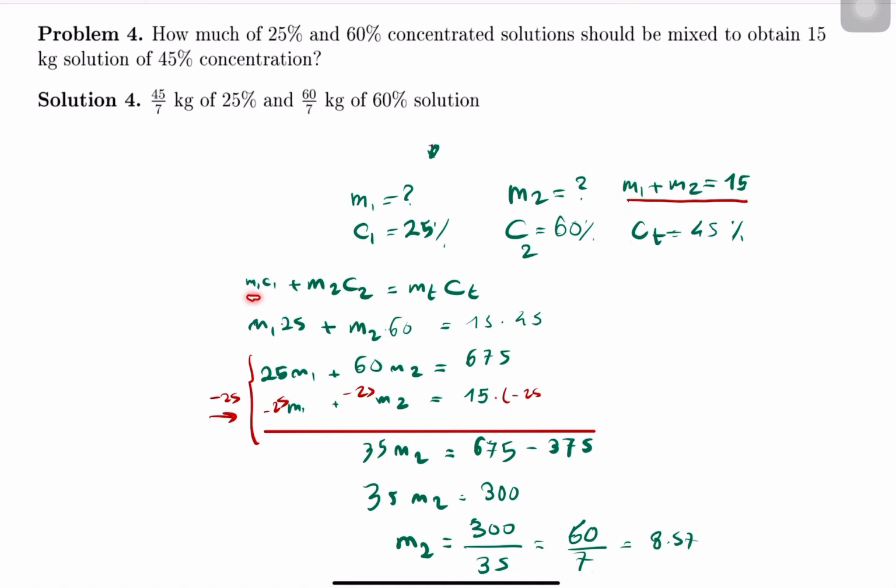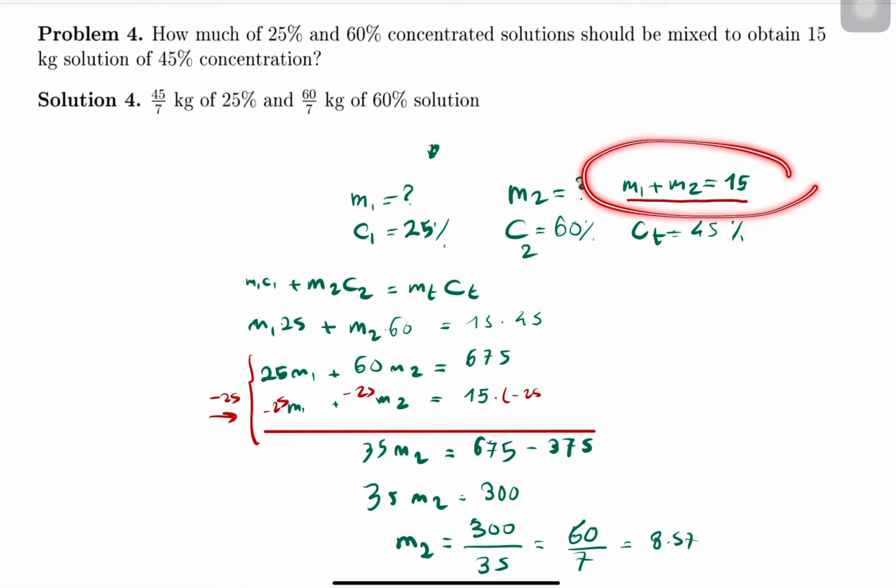Again, I put the numbers in this formula: M1C1 plus M2C2 equals M total C total. M1 25, M2 60 equals 15 kilogram multiplied by 45. The result will be 25 M1 plus 60 M2 equals 675.